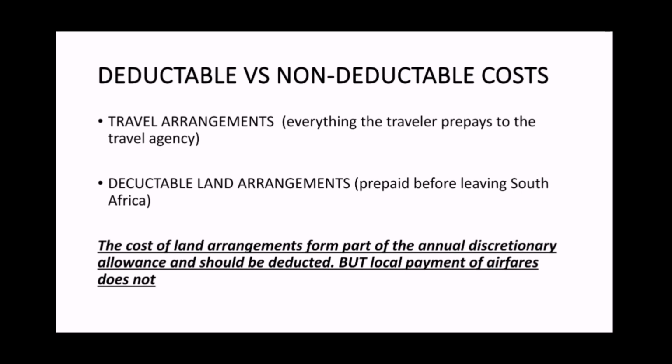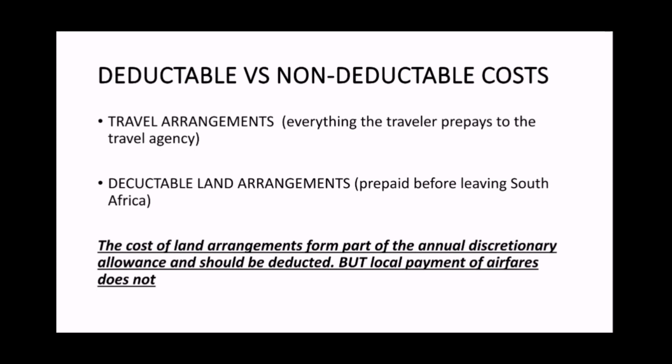You have prepaid items that you pay before leaving South Africa, things like your accommodation and your sightseeing in a foreign country. You prepay those things before leaving the country. Now, this definition can be a little confusing because when you go to a travel agency, you are prepaying everything in advance, right?